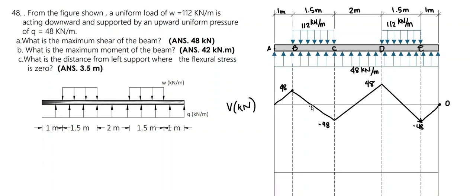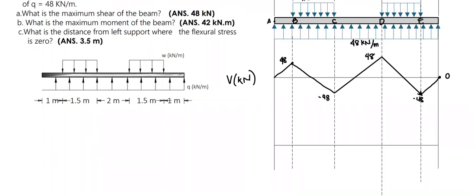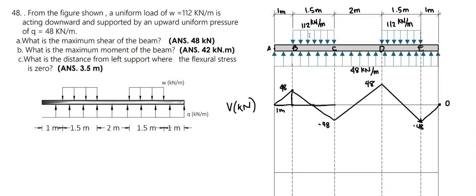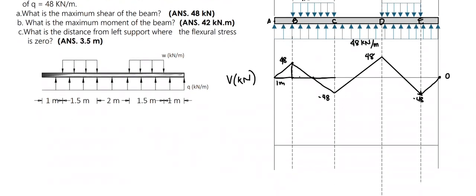Next, let's construct our moment diagram. But first, we need to find the distance from this point here to this point. This is 1 meter. And from B to C, the length of the segment is 1.5 meters, and these two triangles are similar, therefore the distance from B to this point here is basically half of 1.5, that is 0.75 meters.